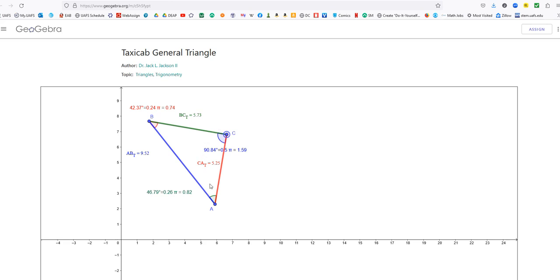One of the things that you get in Euclidean geometry is that the smallest angle is opposite the smallest side, and the largest angle is opposite the largest side. That's not necessarily true in taxicab. Let me see what we've got here. Right now the smallest angle measure is 0.58 right here, and that is the smallest side.